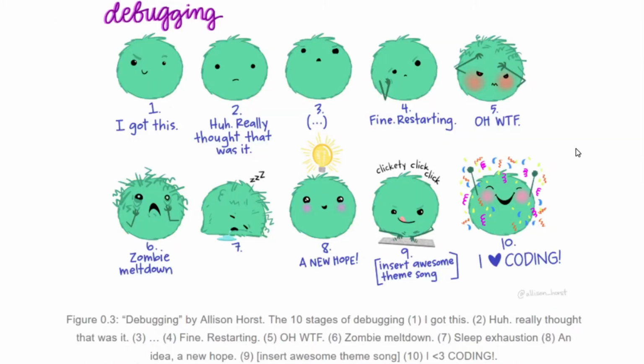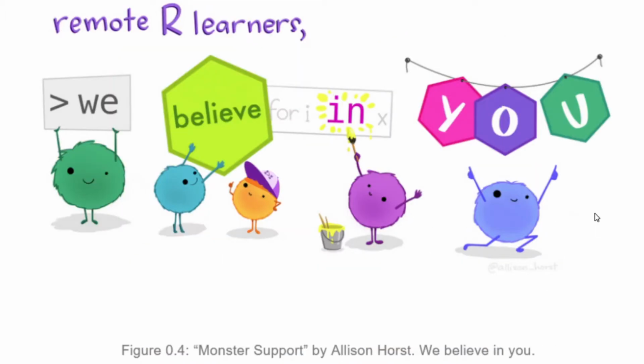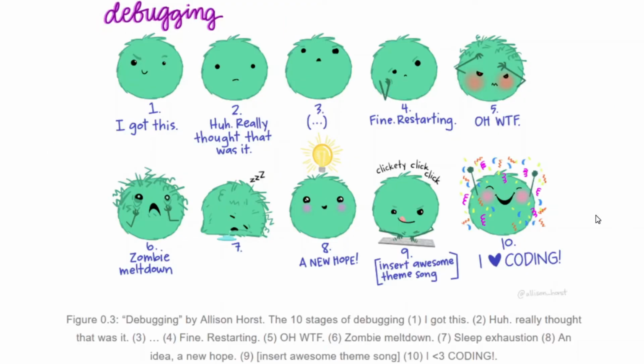All right, another cartoon by Allison. Coding is difficult. The computer will do exactly what you tell it to do. If you spell something wrong, it will do something wrong. So this is the phases of coding that most people, myself included, go through. It's really just an illustration saying that it's okay as you're starting out, especially if you're following along with the code that I'm writing.